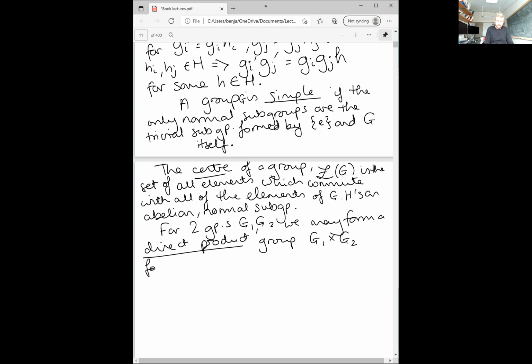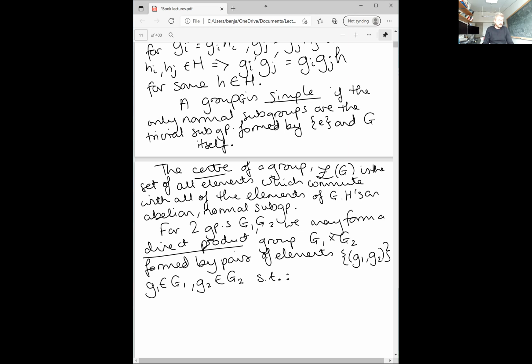This is formed by pairs of elements. So it's the set of all pairs of elements (g1, g2), where g1 is in big G1 and g2 is in big G2. And such that we have the following relations.